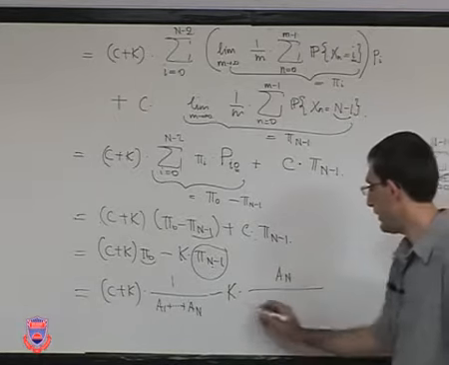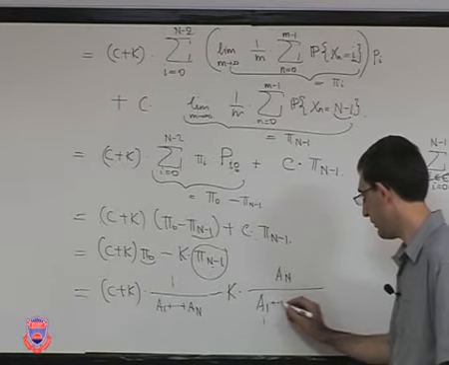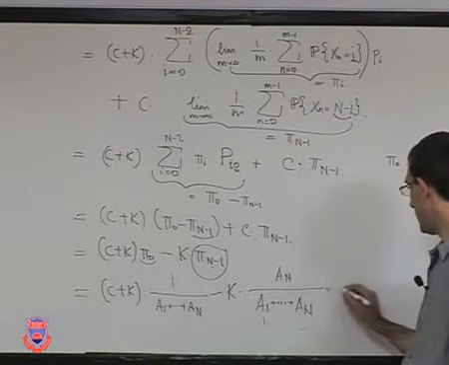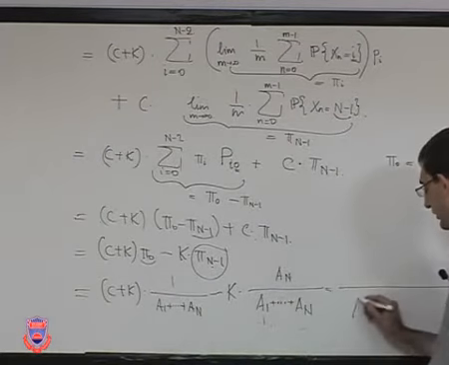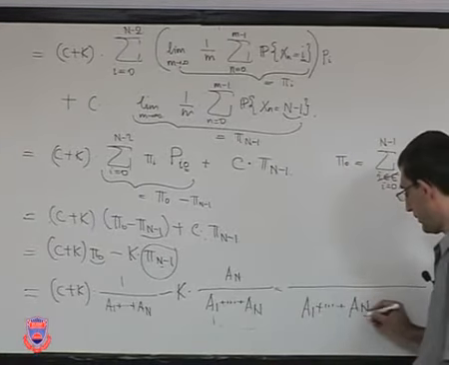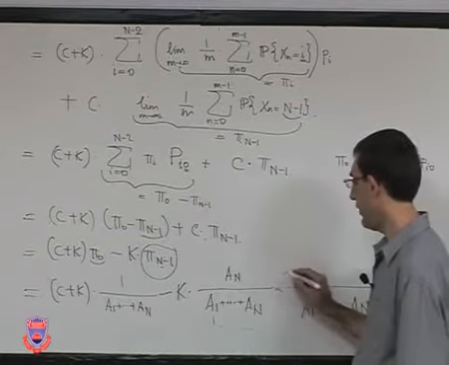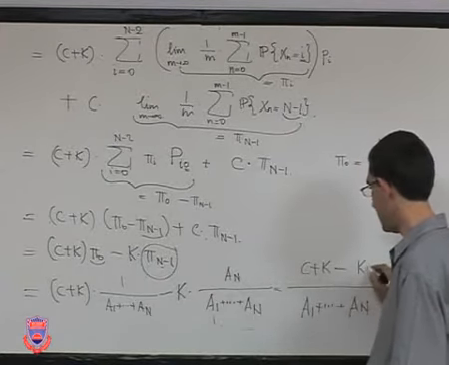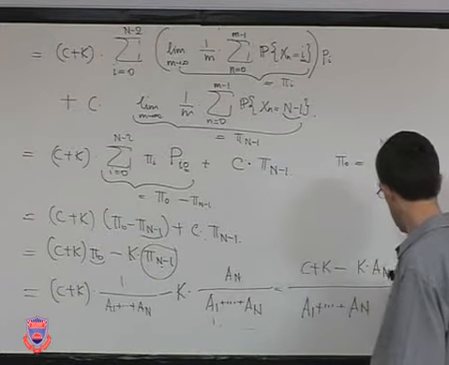And then you divide by the same denominator. So we have a common denominator for both terms, and then actually we can simplify it. So under the common denominator, in the numerator we now have C plus K minus K times AN.